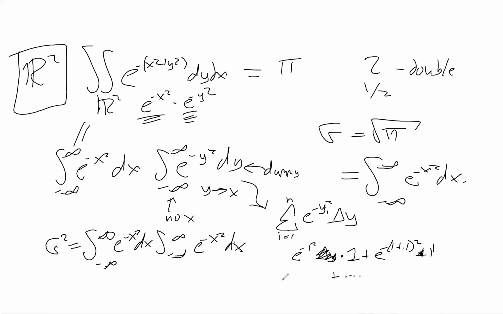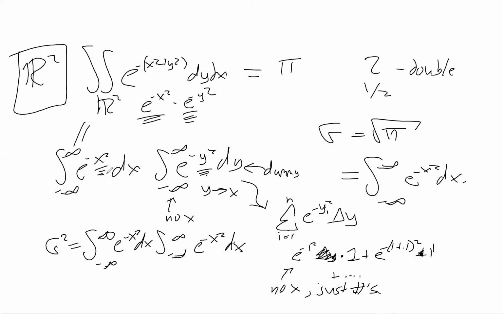So there is no x. These are just numbers. You should have seen that in single variable calculus, but I'm mentioning it because it does allow you to get that square.